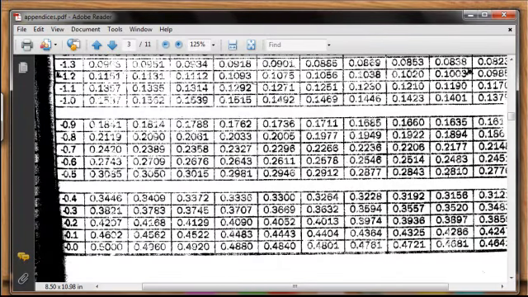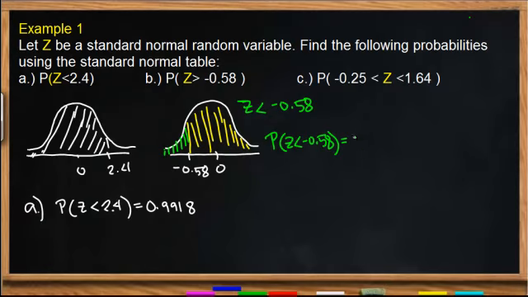So the answer is 0.2810. The probability that z is less than negative 0.58 is 0.2810.